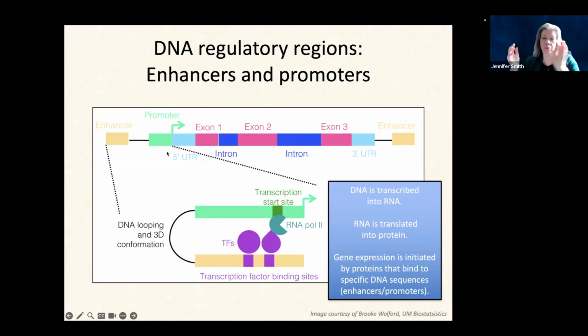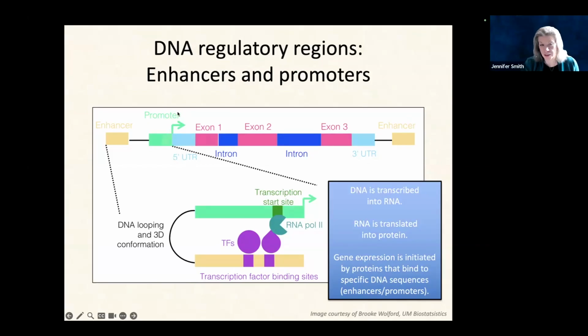When we say upstream, we mean 5', and that label of 5' to 3' is just based on how the backbone of the DNA is oriented. There's a sugar phosphate backbone to the DNA, and it's an orientation of the sugar molecule there. So when we say 5' to 3', we're just referring to that.